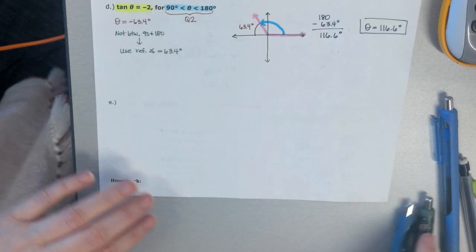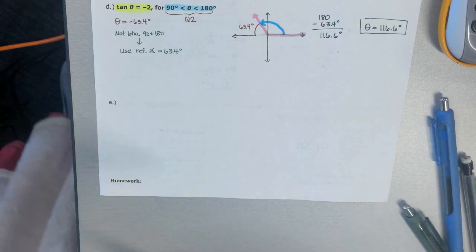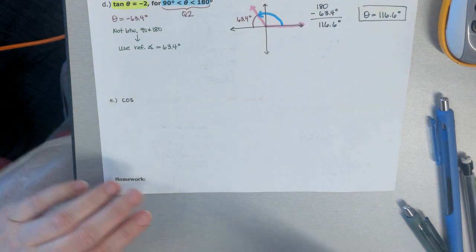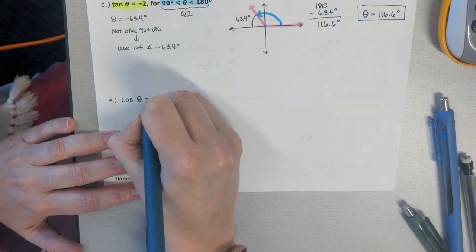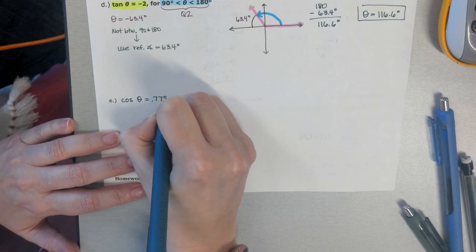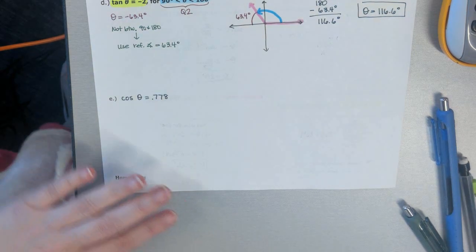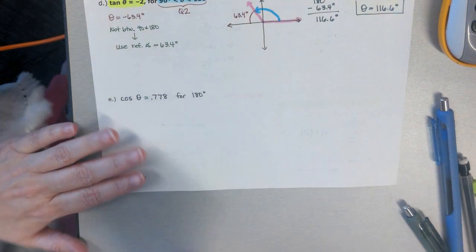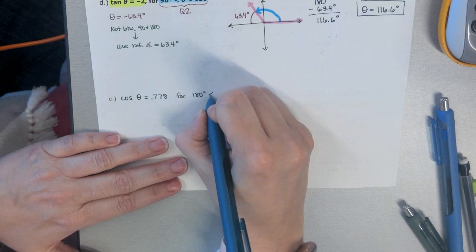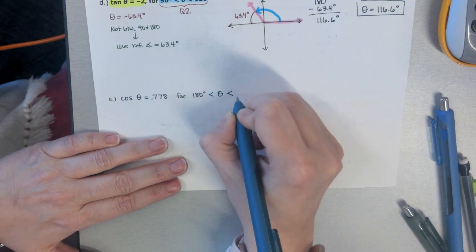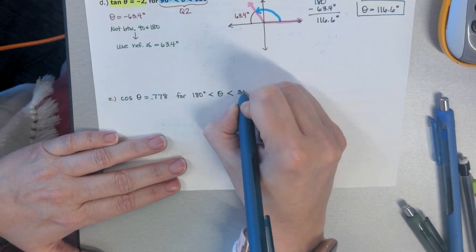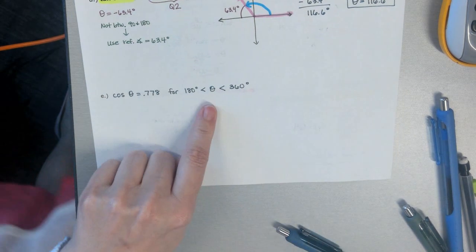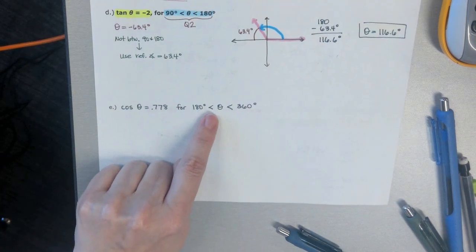All right, we're going to do one more, and it's the cosine of theta equals 0.778 for 180 degrees is less than theta, which is less than 360. Have some of you noticed that sometimes they're less than and sometimes they're less than or equal to?